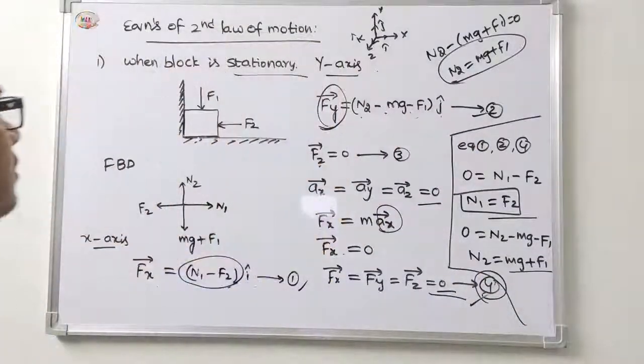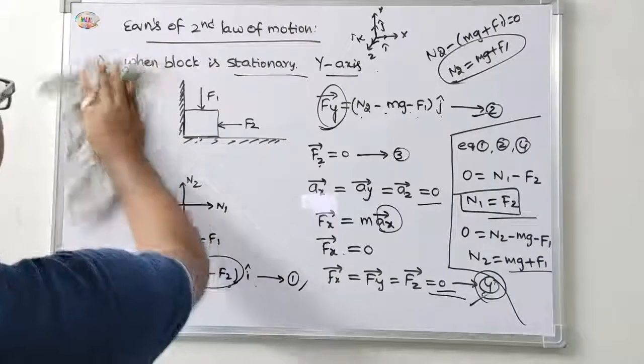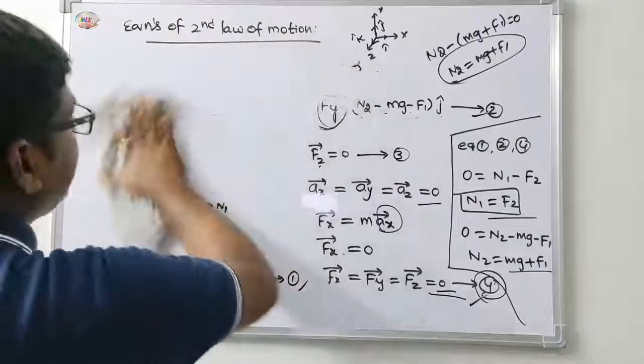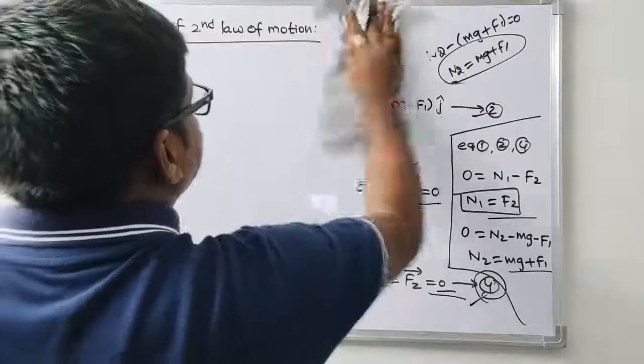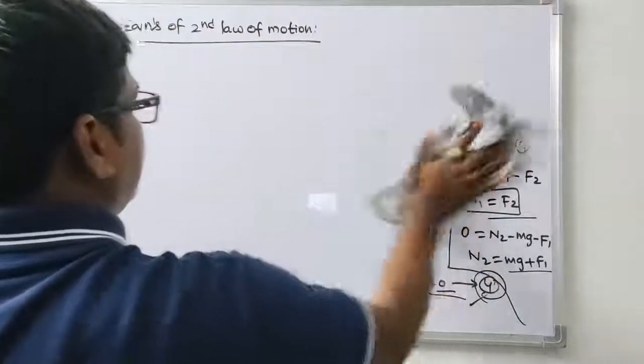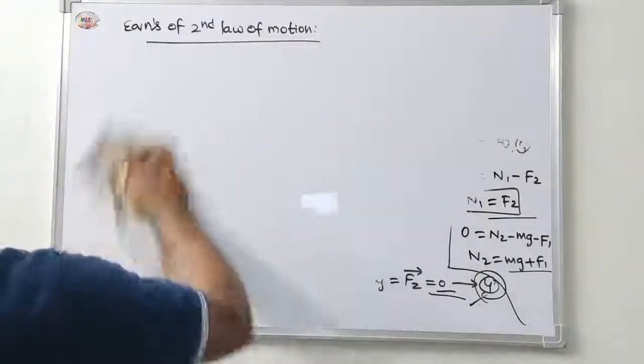Okay, next. The block is moving with constant speed. The block is moving with a uniform speed.